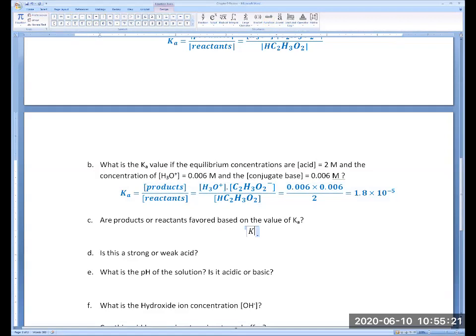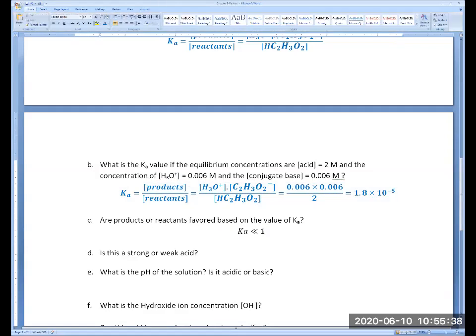Very small, right? It's much smaller than 1, because it's 1.8 times 10 to the -5. So it's 1.8 divided by 10 to the 5. So it's a small number.